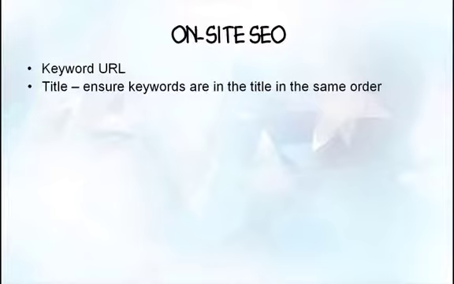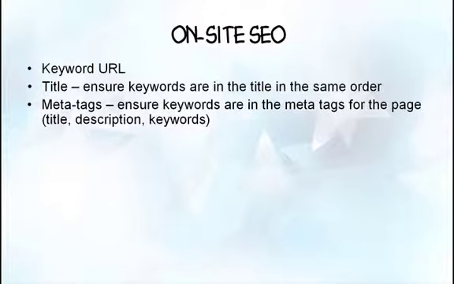So your H1 tag for the page, the top title for the page. If you're trying to page rank for Car Dealer London, then make sure the page title is Car Dealer London, not London Car Dealer, because that's a different keyword. You'll still get a relevance to it. It still can page rank for Car Dealer London, but you will get more points from Google if you make sure you put them in the right order.